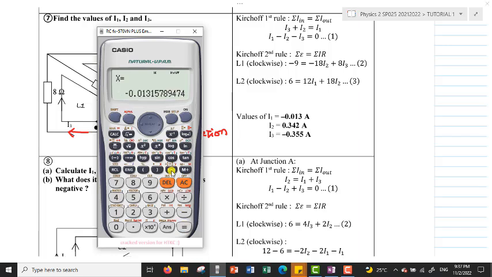So we get I1 is negative 0.131 ampere, I2 is 0.342 ampere, I3 is negative 0.355 ampere.